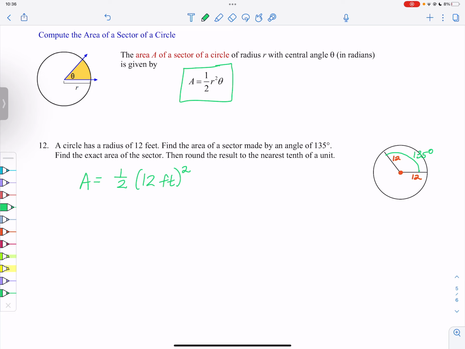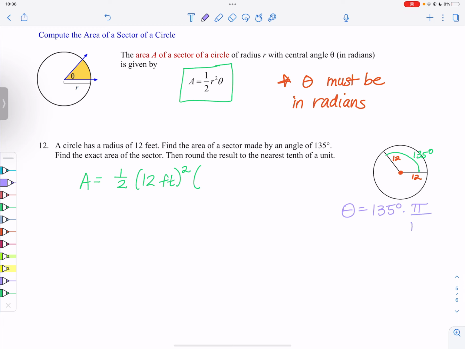But now we need theta in radians, okay? So working on that over here, if we have theta equals 135 degrees, remember we multiply by pi over 180 degrees, because pi is equal to 180 degrees.